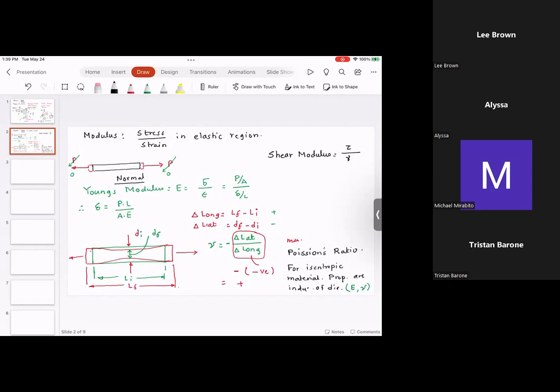So again, if you have shear loading, then you are going to have the shear stress. Young's modulus is also called modulus of elasticity, and shear modulus is called modulus of rigidity. So these are two different moduli.